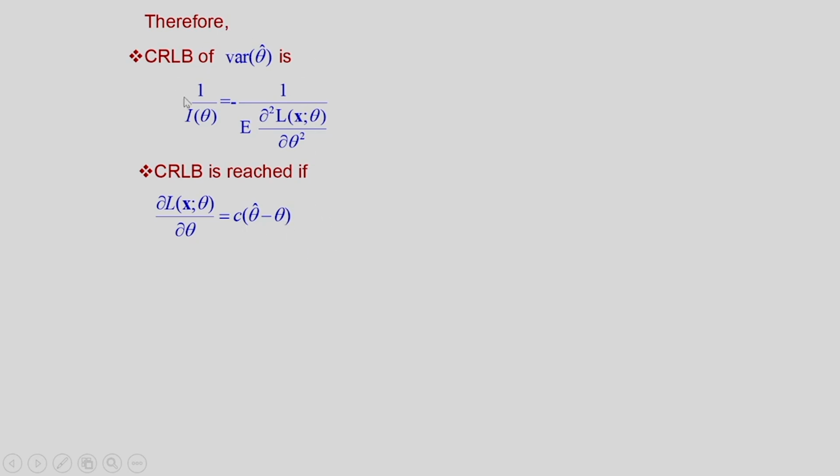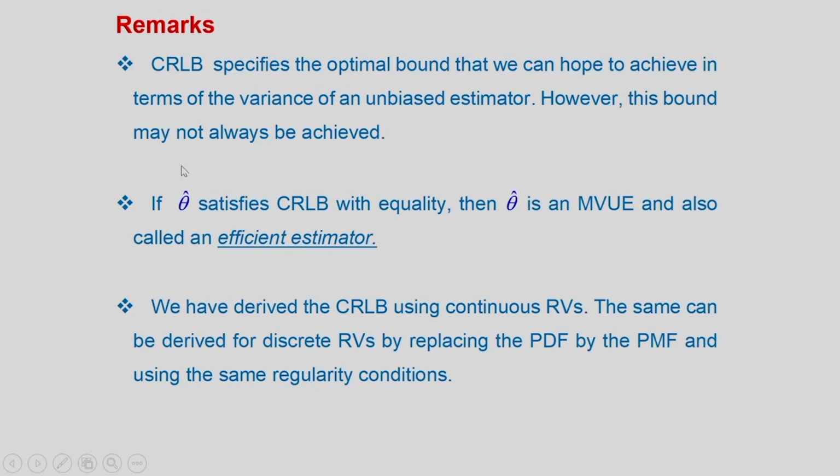So, this is the Cramer Rao lower bound given by this expression, and this CRLB is reached if this likelihood function satisfies this relationship.